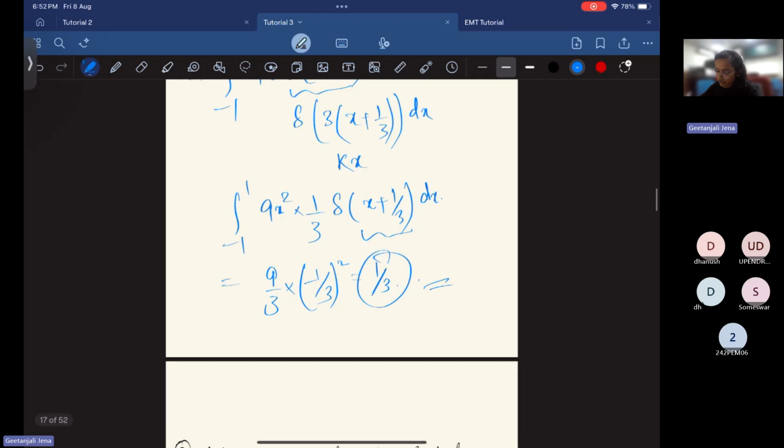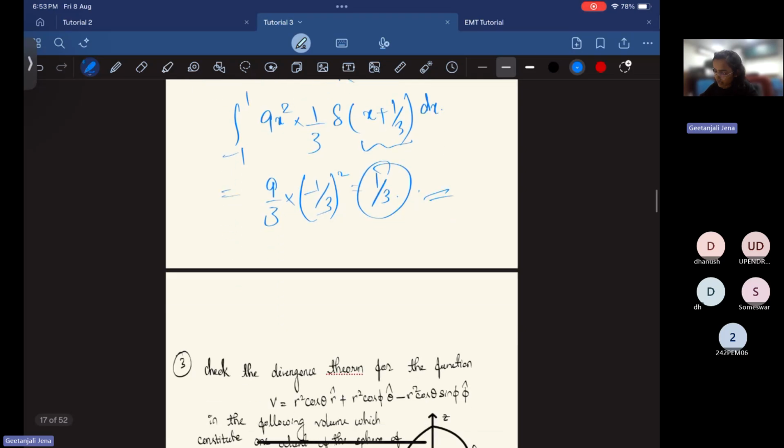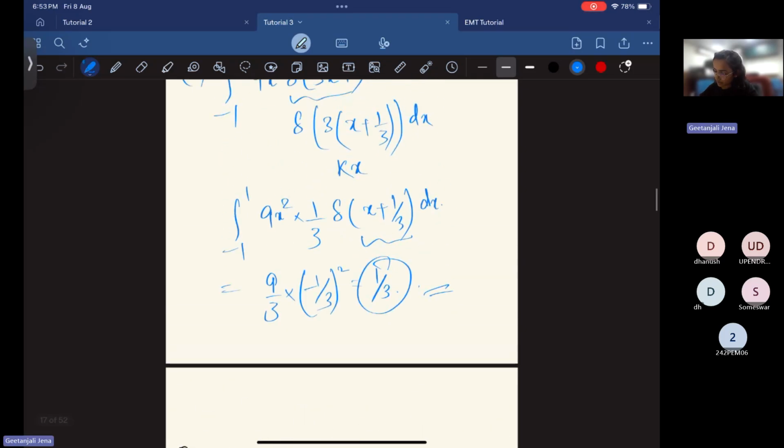Okay, so for the last option, we have the integral from minus infinity to a of delta of x minus b dx. What will be the answer?